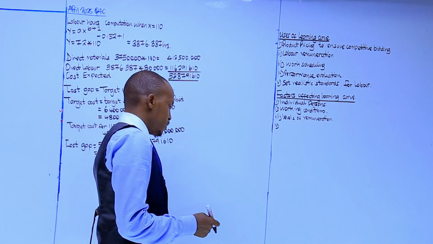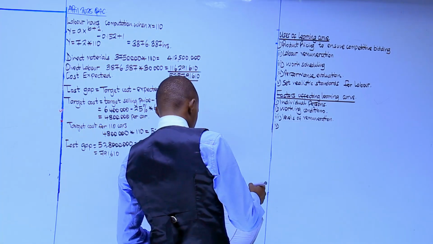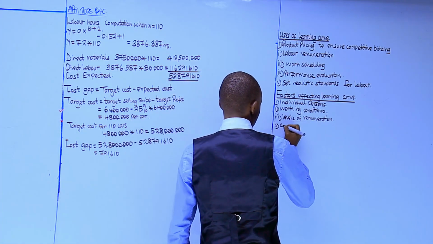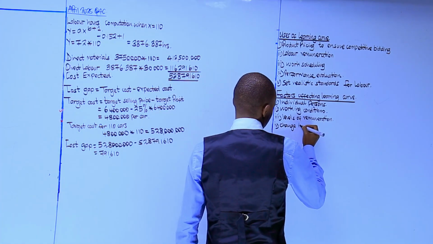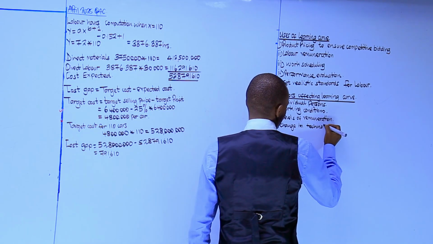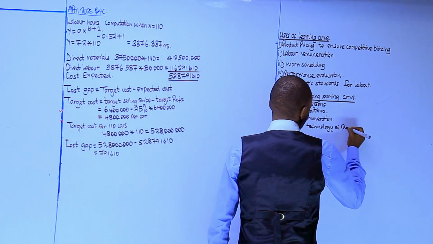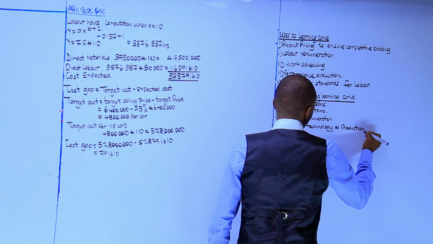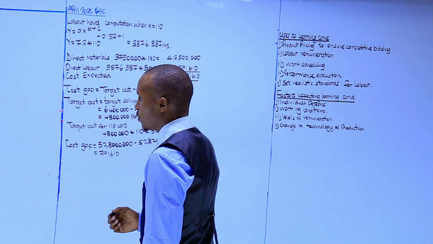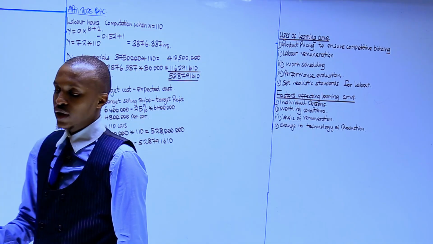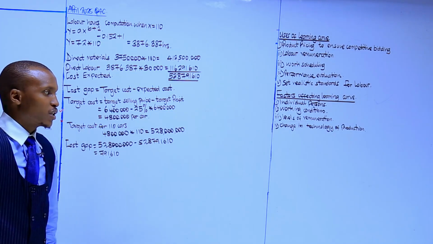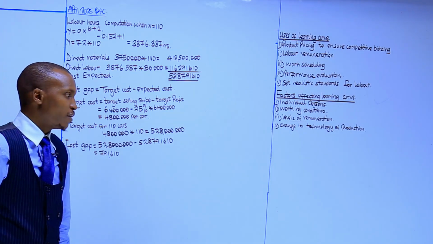Number four is the level of technology changes during production, or change in technology of production: the rate at which technology is changing.